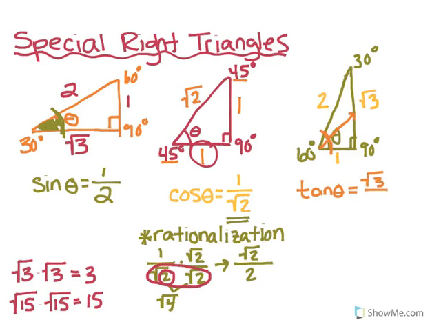And the adjacent side is just 1. This can be simplified to just root 3. This particular ratio does not need to be rationalized because the square root is not in the denominator. So now that we have our basic knowledge, we're going to move into the unit circle.